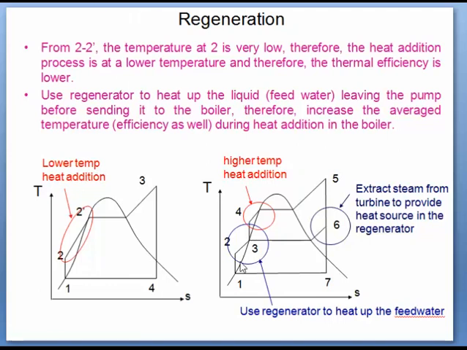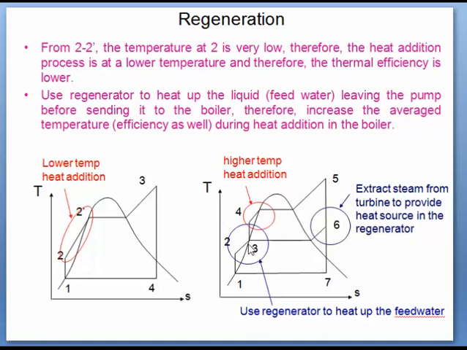So this process we can see here: the condensate from the hot well is extracted by the condensate extraction pump, and at point 2 it enters the LP heater and is sensibly heated up to point 3. In sensible heating there won't be any phase change, only a change in temperature.